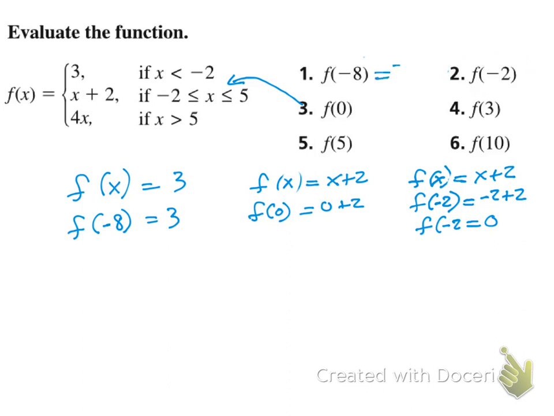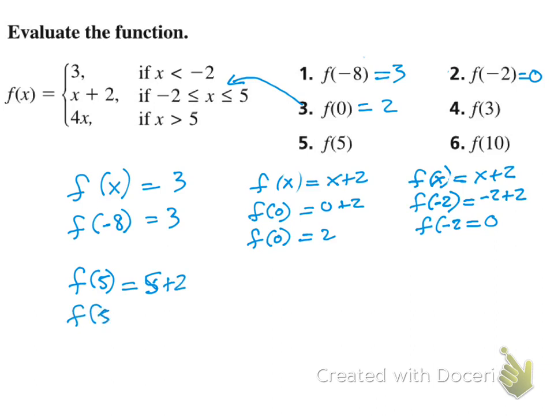So the first one we got 3. The number 3 we got 2. This next one we get 0. What about the f of 5? Also works for the second one, right? 5 plus 2, so the f of 5 equals 7.